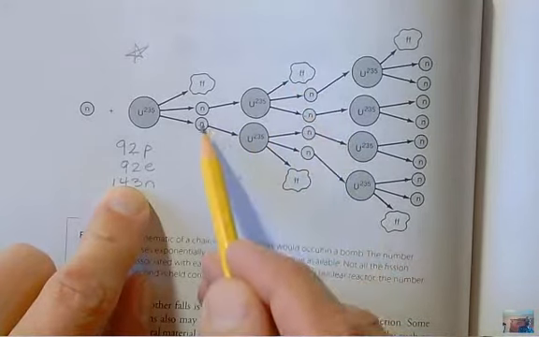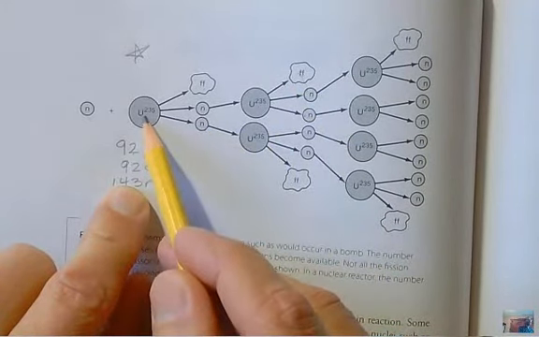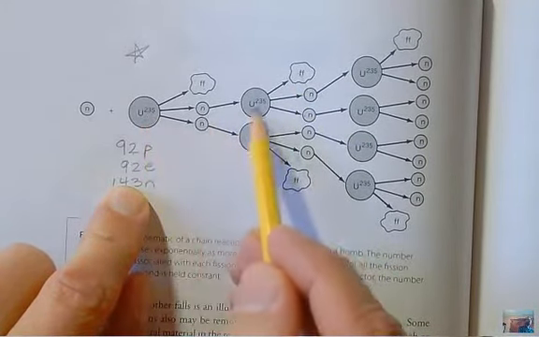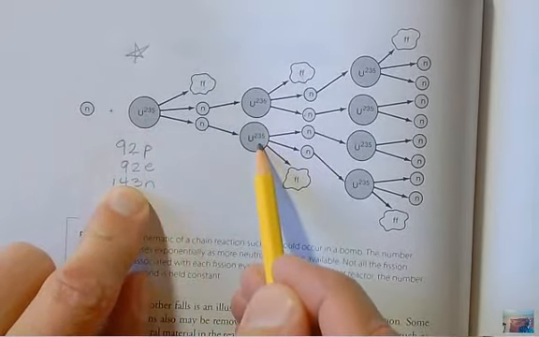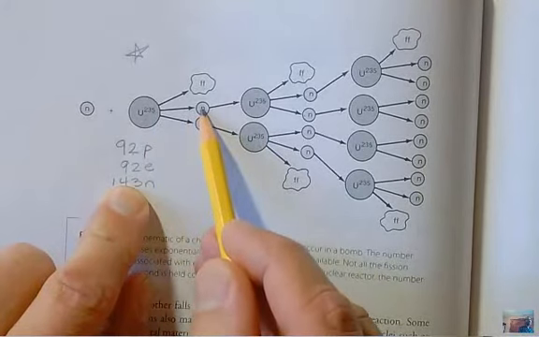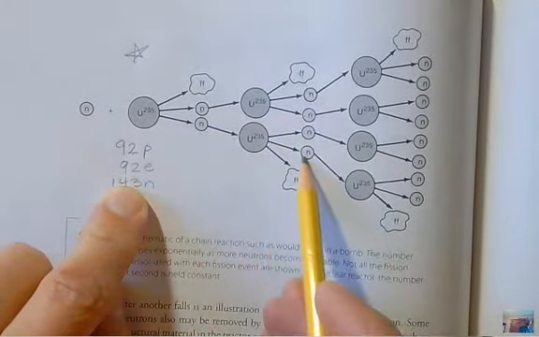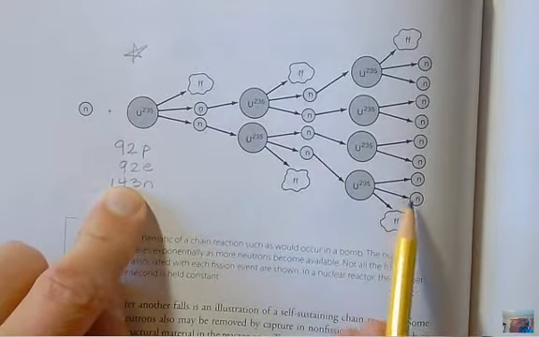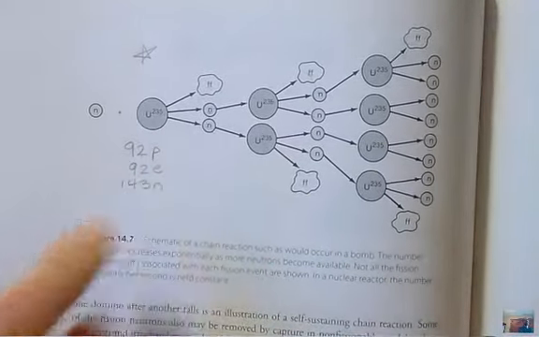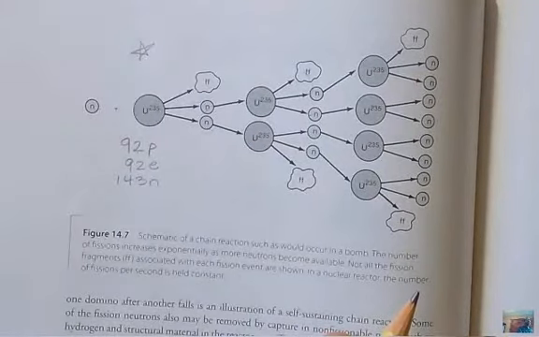So what's happening is here, I blow apart one U-235. In the next step, I blow apart 2, giving me that much more heat. And not only that, more importantly, 1 neutron gives me 2 neutrons, gives me 4 neutrons, gives me 8 neutrons, gives me 16 neutrons, and it just keeps on doubling.